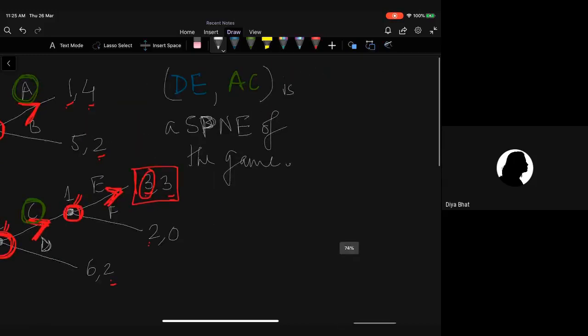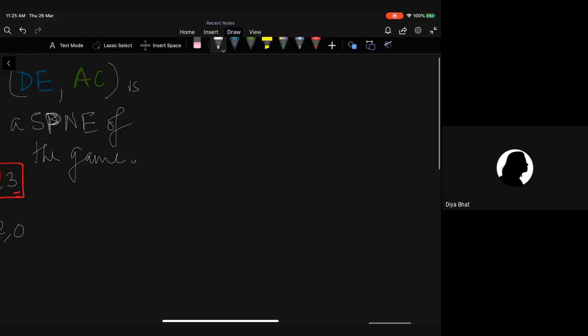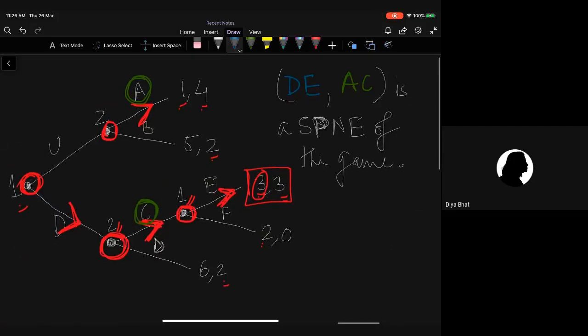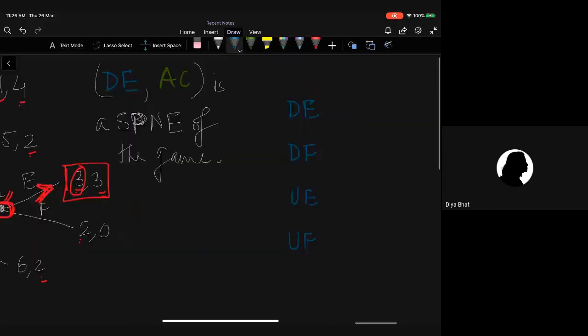Say for one, it is D E, D F, U E, U F. So these are the four possible combinations of choice in this game.